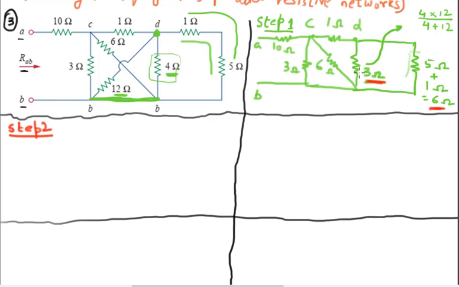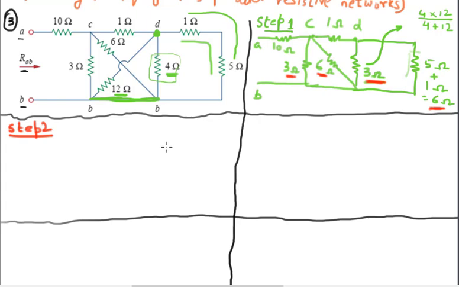That's very easy to see. Moreover, this 6 ohm resistor and this 3 ohm resistor are also in parallel. That's also quite easily understandable. So 6 ohm is parallel with 3 ohms and 6 ohms is parallel with 3 ohms. So let me do that reduction over here.